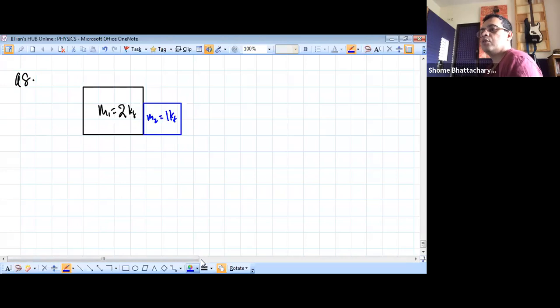This combination is kept on a frictionless horizontal surface.